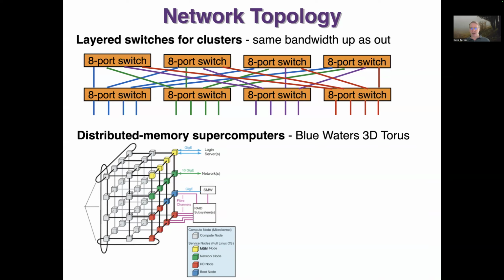The upper diagram there is a multiple layered switch that you could use in a cluster where you use smaller switches. In this case, I just used 4-port switches to illustrate how you could get a non-blocking all-to-all by using 8-port switches to do a 16-port all-to-all cluster.